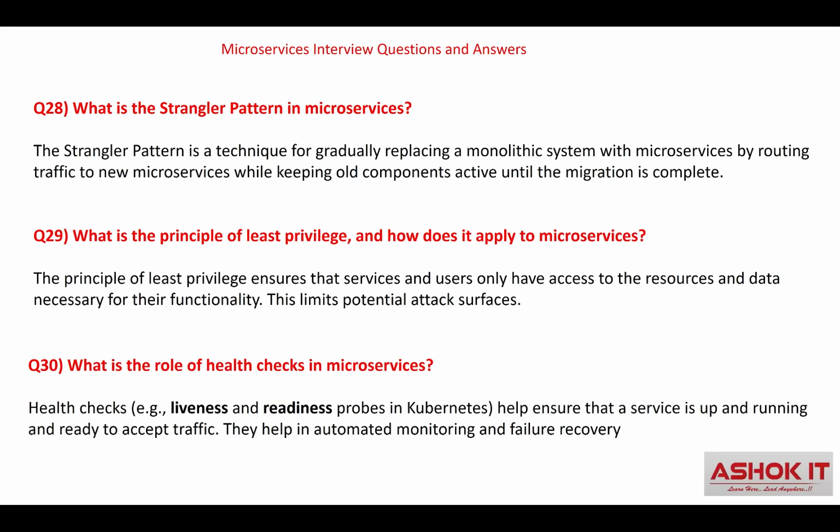What is the role of health checks in microservices? A health check is a liveness check where we use actuators to confirm that a service is up and running and ready to accept traffic, and it helps in automating monitoring and failure recovery.